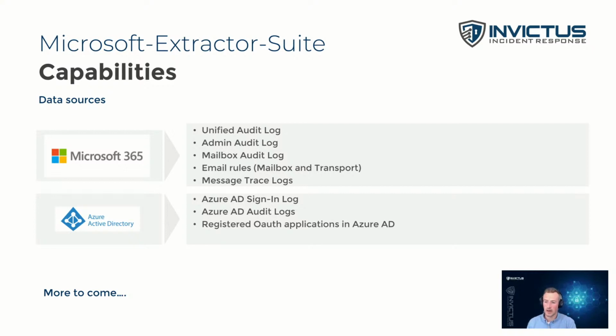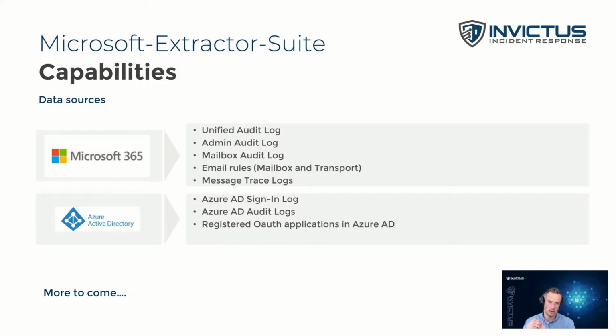Then there's the Azure Active Directory side, which is pretty cool because it's really new, and I'm very excited about it. We also support acquisition of the Azure AD sign-in log. That covers several types of sign-ins, which goes a little bit too far for now, but basically if you sign into Azure Active Directory, you can do it through several means and several types of identity, and that's all recorded in the sign-in logs.